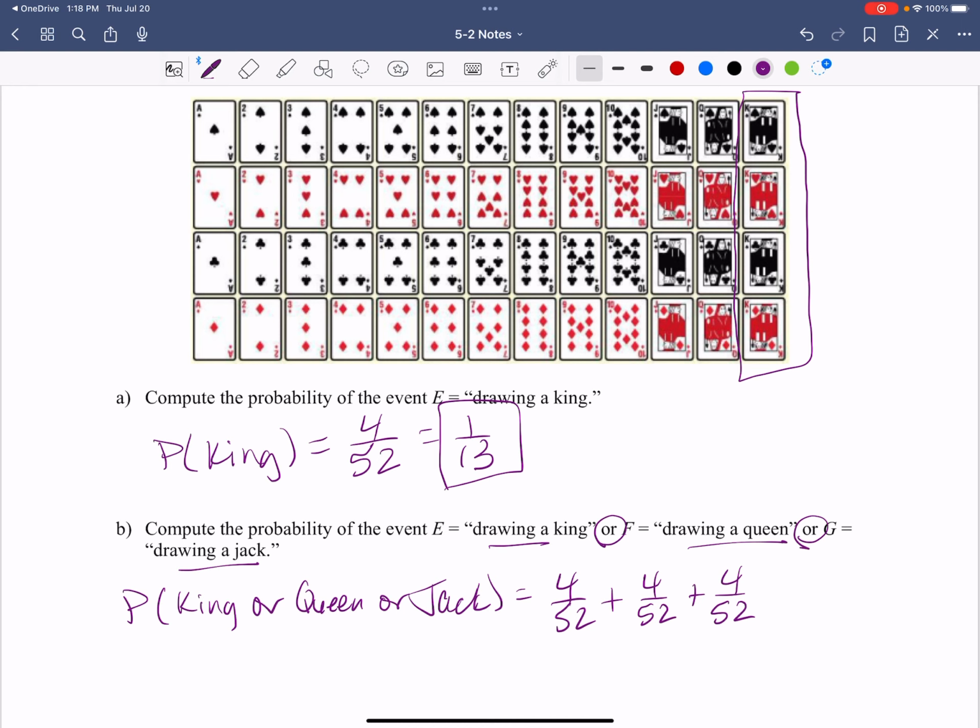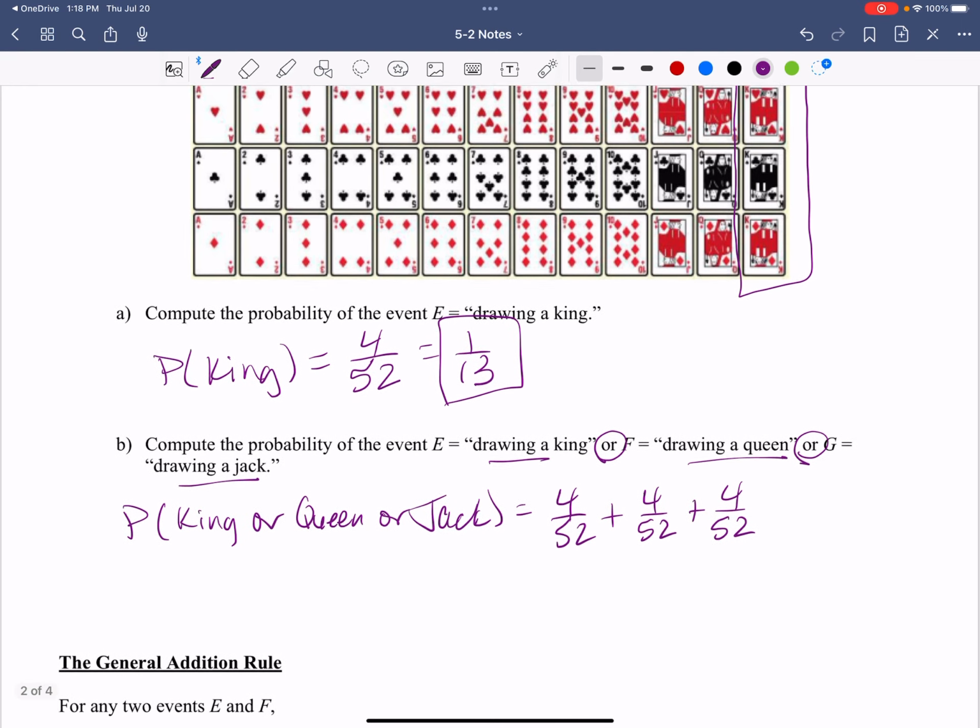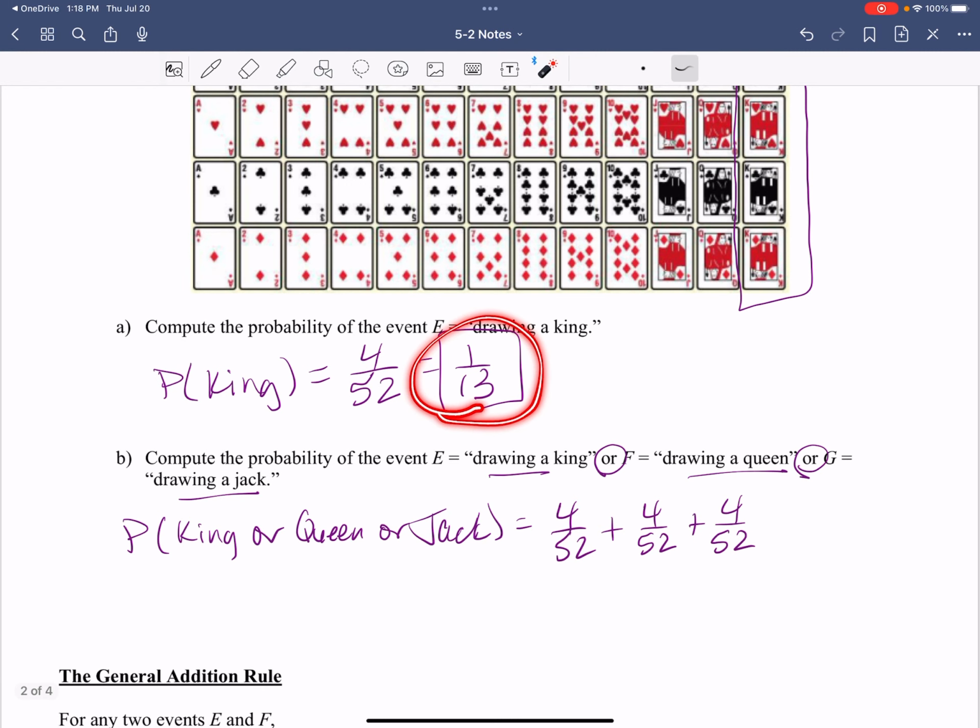I would also be 100% on board knowing this is 1/13th, and these all reduce to 1/13th. You could have done 1/13th and added those up 3 times. Your choice, all right? But the word or definitely has to go with the plus sign.